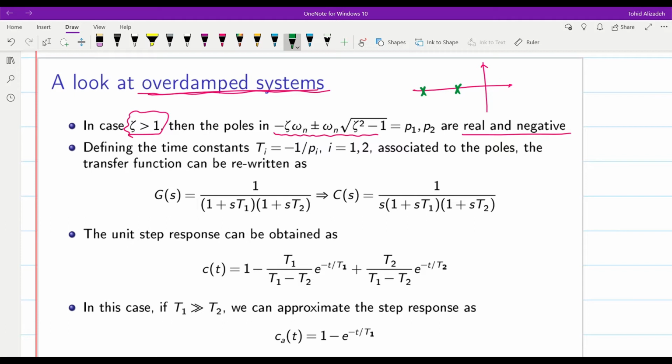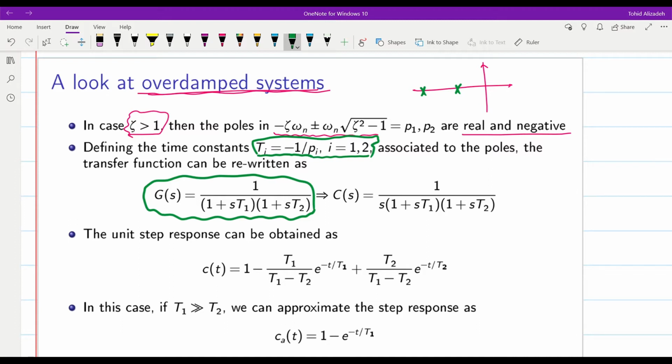Then we can define the time constants T1 and T2 in the form of Ti equal to minus 1 over pi, which are associated with the poles, and the transfer function can be rewritten in this form. So G of s will be 1 over (1 plus s T1) times (1 plus s T2).